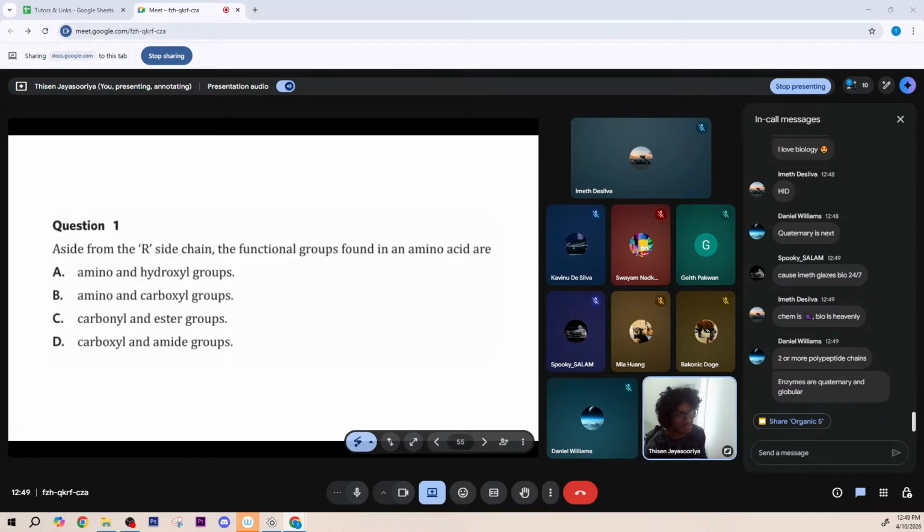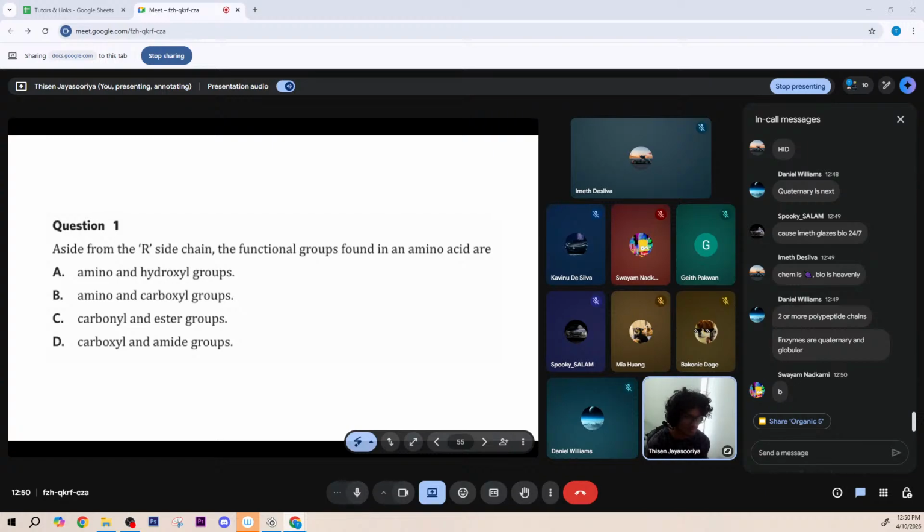So here, aside from the R group, the functional groups found in an amino acid are: amino groups and hydroxyl groups, amino groups and carbonyl groups, carboxyl groups and ester groups, or carboxyl groups and amide groups. What do you guys think? Come on, guys.